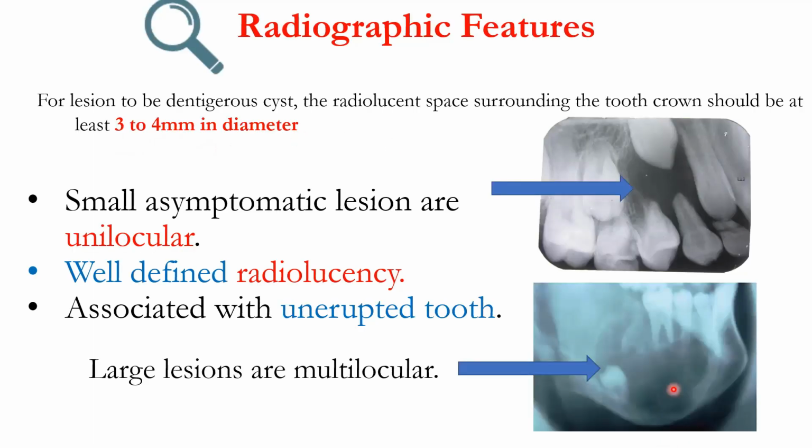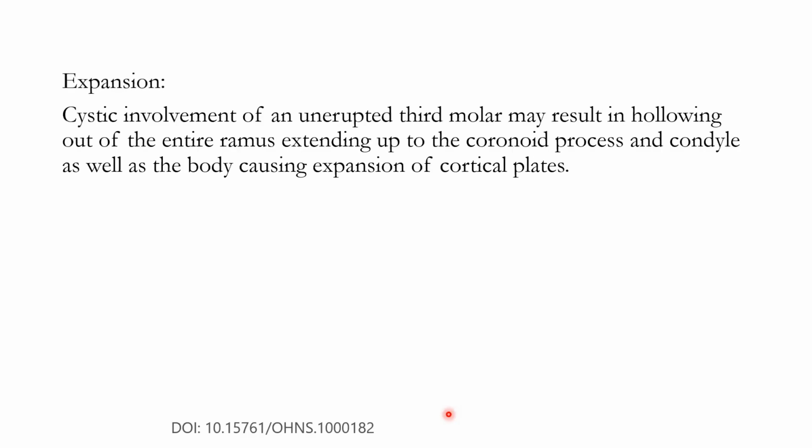So in the previous picture, you saw how there was a very big lesion involving almost half of the body of the mandible and the angle of the mandible, right? So expansion happens to be a very important feature associated with the dentigerous cyst.